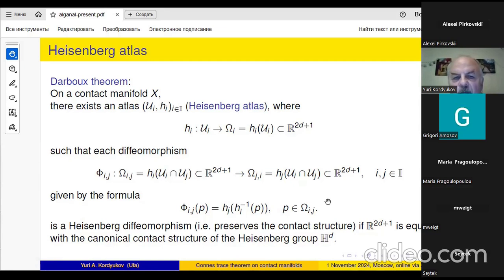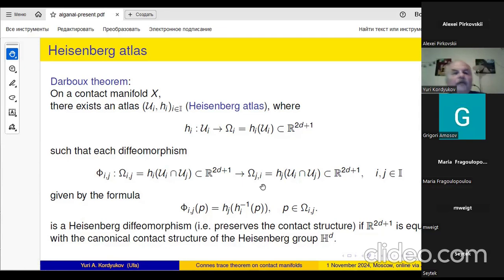So it preserves this hyperplane H. Once we have this homeomorphism and we identify this space with the Heisenberg group, we have some hyperplane here. We can transfer this hyperplane here, and this phi just preserves this hyperplane, which means that it is a Heisenberg diffeomorphism, or contactomorphism.